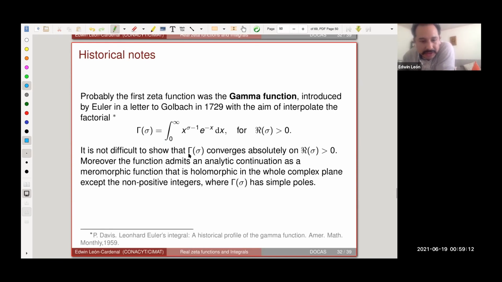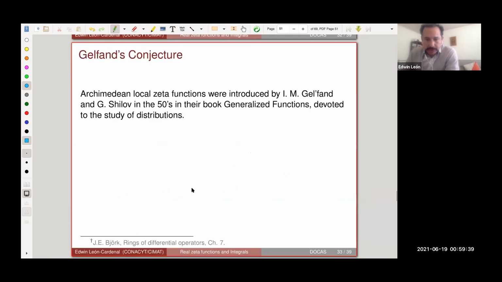We can show that this function converges absolutely on this region, and moreover, it has an analytic continuation. And the proof goes very much the same as the proof that I made with the integrals. And we can prove that they have poles in the non-positive integers.